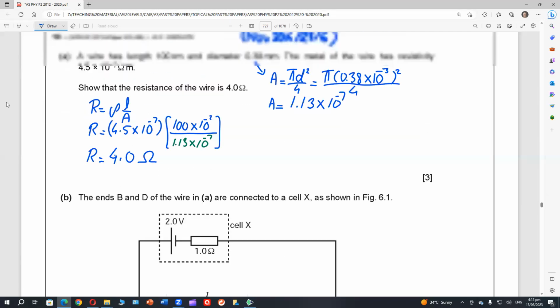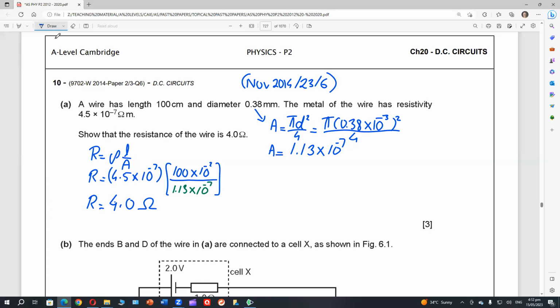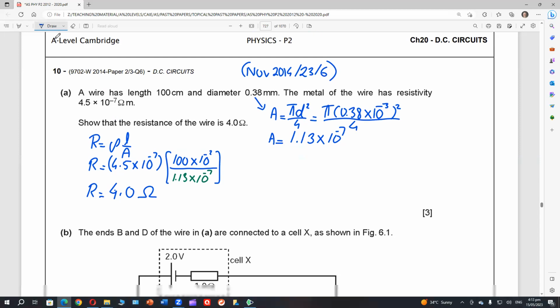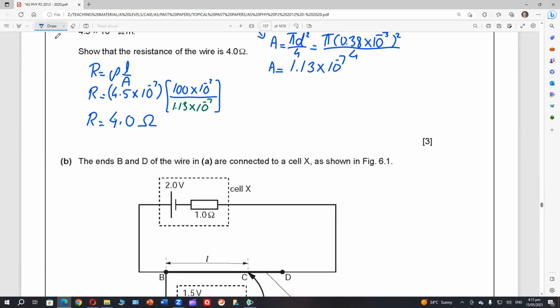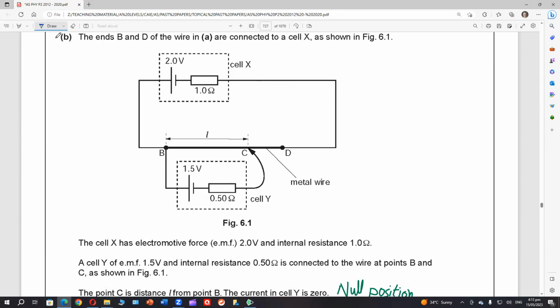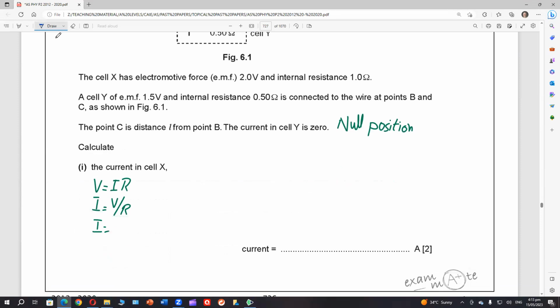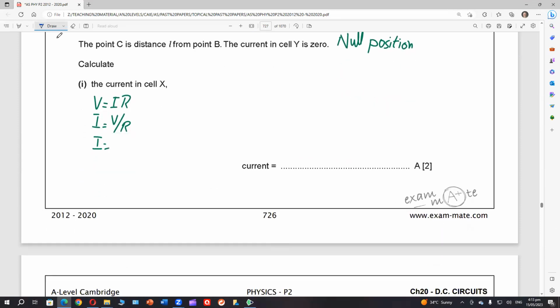What wire? Achha, this is the same wire which is connected now to the cell. So now we have to consider this calculation again because we didn't consider the wire.